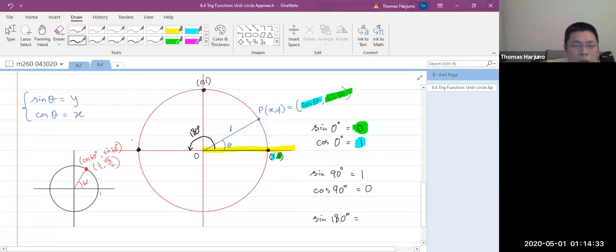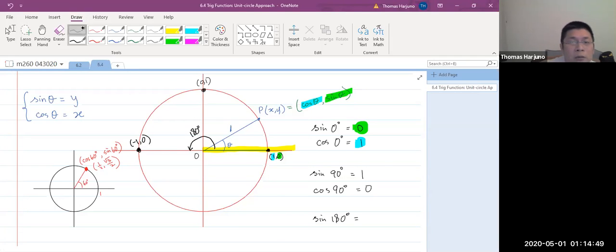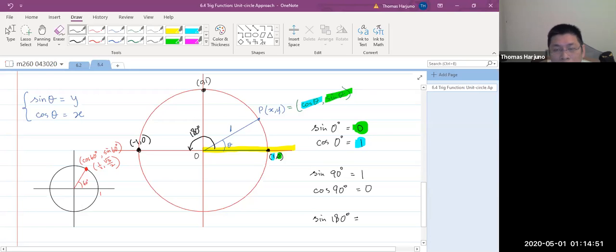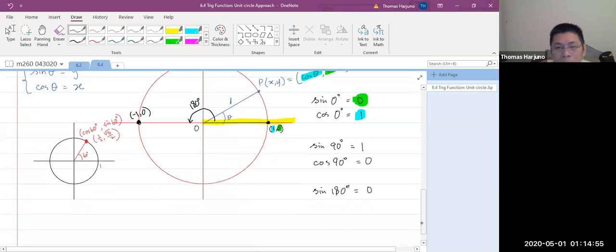Now, what is the coordinate here? That's -1, 0. Then what is sine 180? That's the y component of that coordinate. How about cosine 180 degrees? That's the x component of that coordinate.